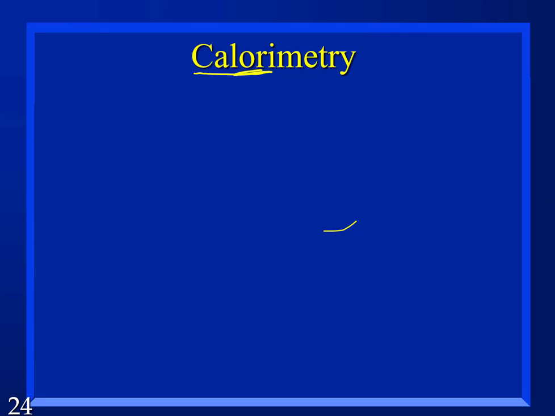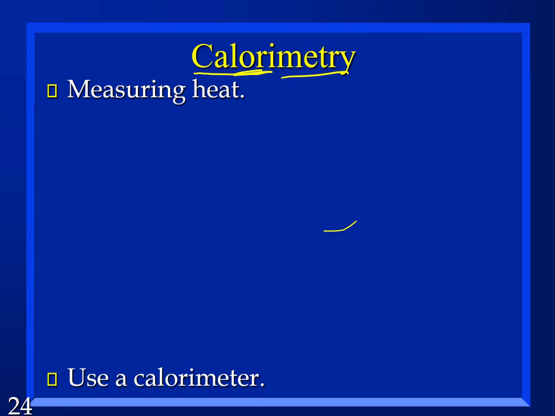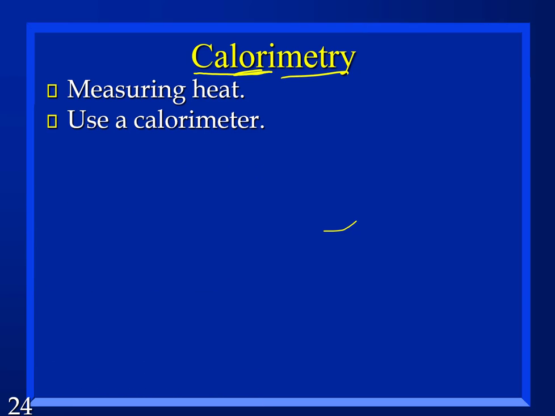In French, heat. Okay. So metrie means to measure, so it literally translates to measuring heat. So calorimetry is measuring heat. The device you use is called a calorimeter. So a calorimeter does calorimetry.